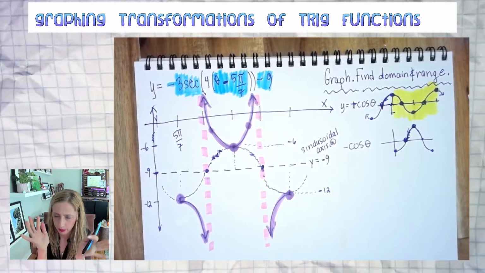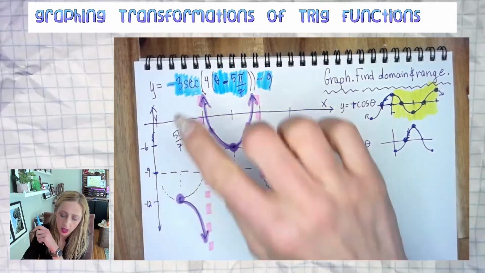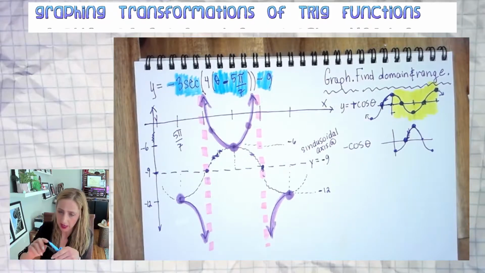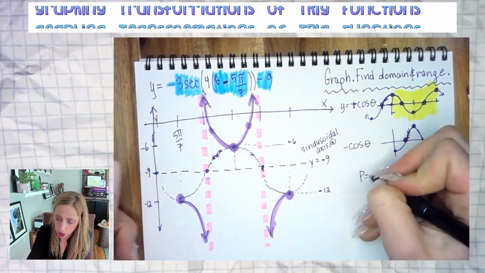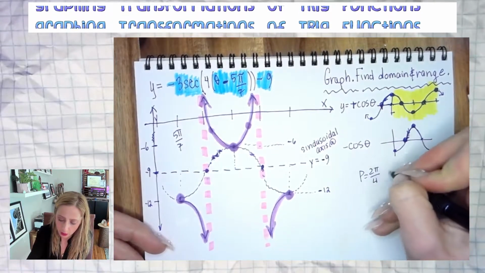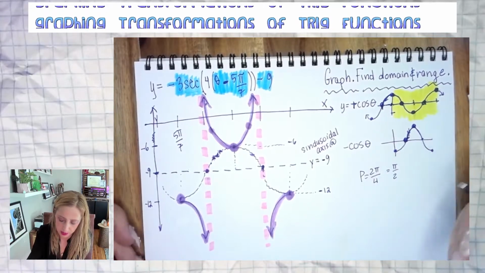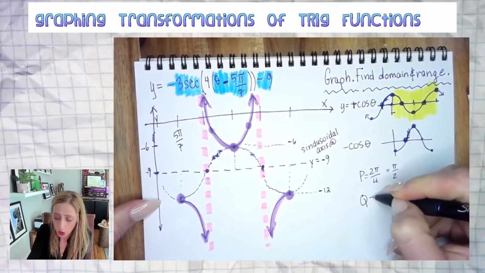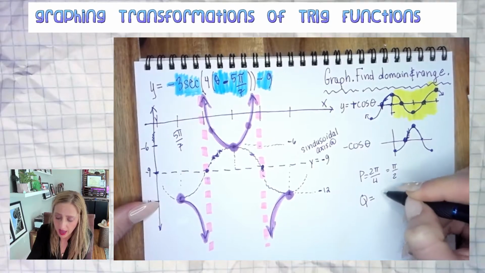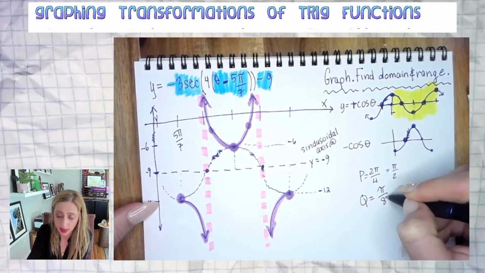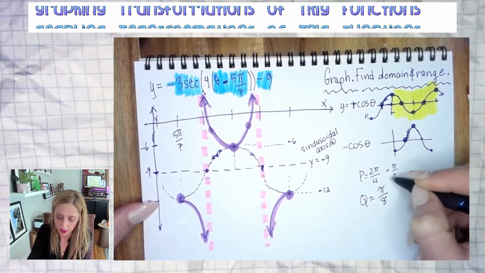So humor me for a second. The 4 goes in for the period, and the period is 2 pi over 4, which reduces to pi over 2. We'll see what we need to do with that. That means 1/4 of that, which would be pi over 8. It's 1/4 of that right there.